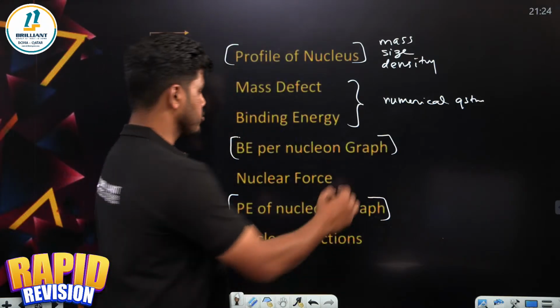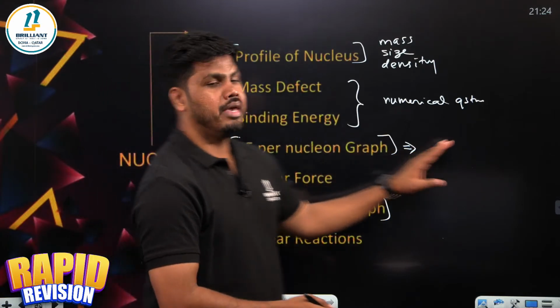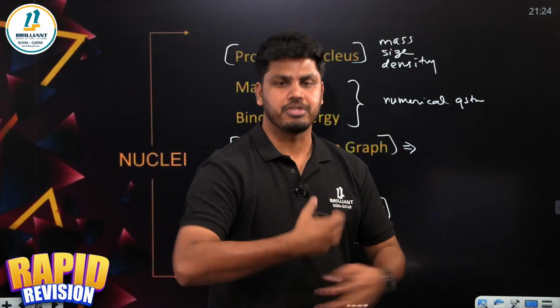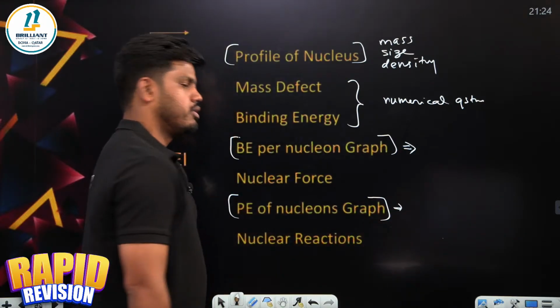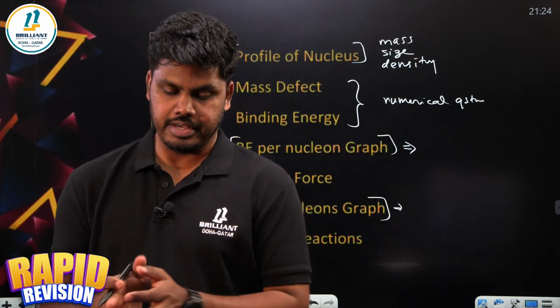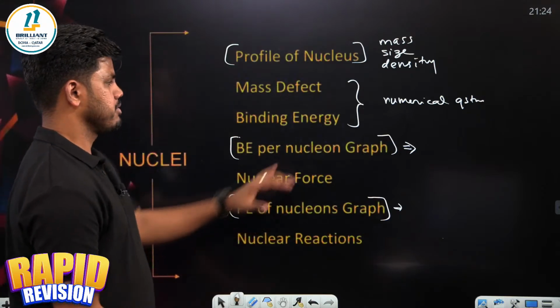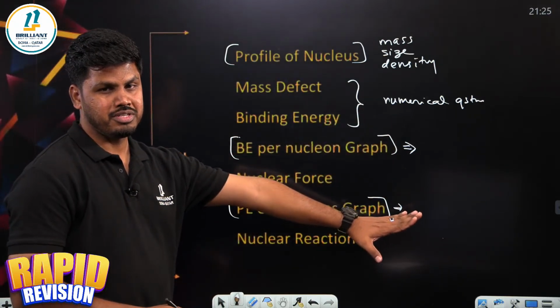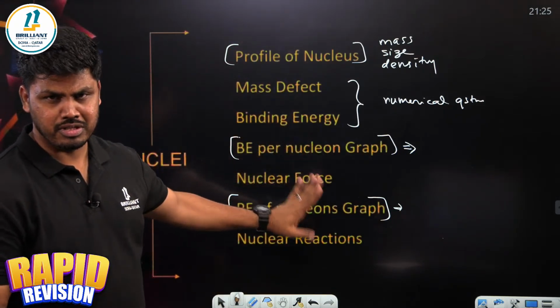You will be asked to draw the binding energy per nucleon graph, make some observations, and explain your observations from the graph. Similarly, the potential energy of nucleon versus internucleon distance graph. Draw the graph, explain, or write your observations from the graph. Those 2 can be the long answer questions. Apart from that, we don't have any long derivations from the chapter.